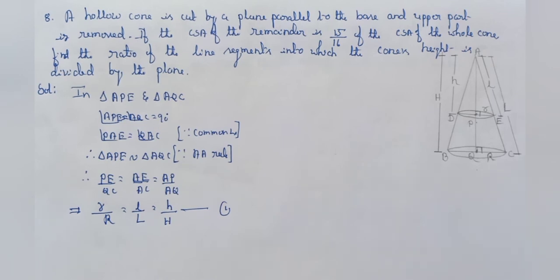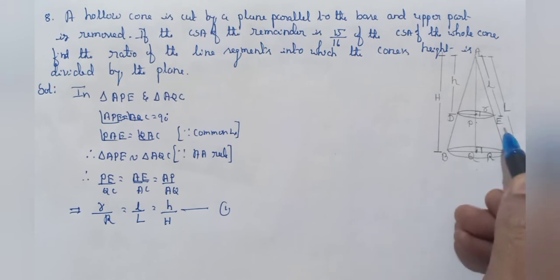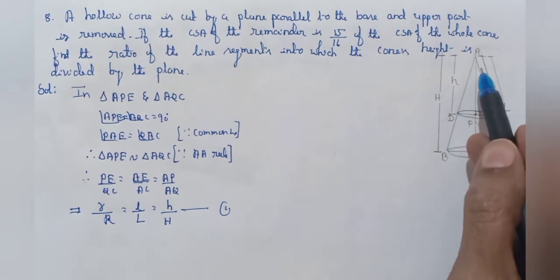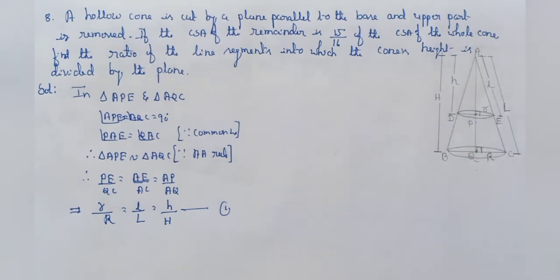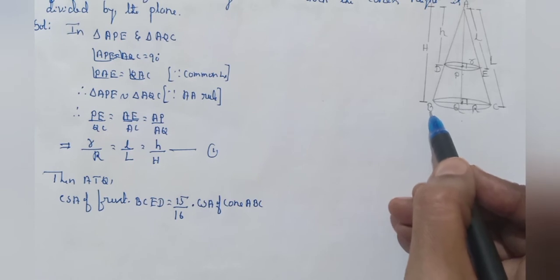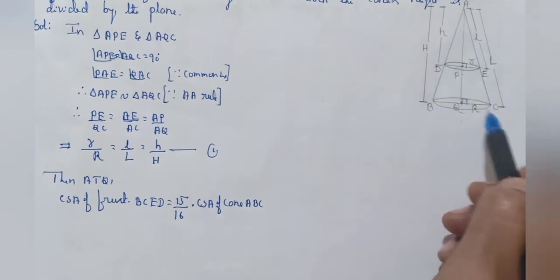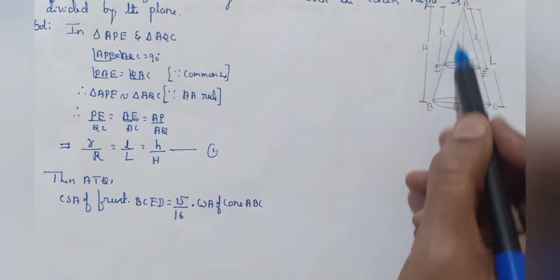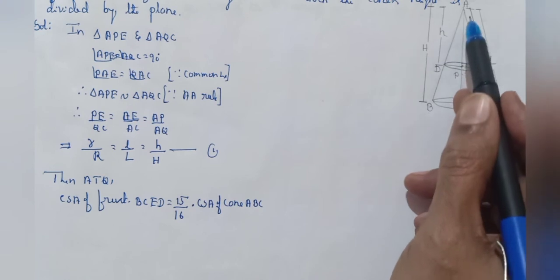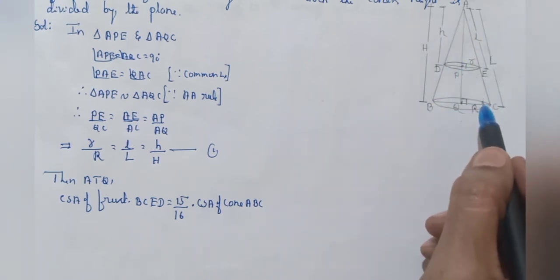Now according to the question, the CSA of frustum BCED is equal to 15 by 16th of the CSA of the cone ABC. Now we can write the CSA of the frustum BCED as the CSA of the cone ABC minus the CSA of the cone ADE. If you subtract the CSA of the smaller cone from the CSA of the whole cone, that gives the CSA of the frustum.